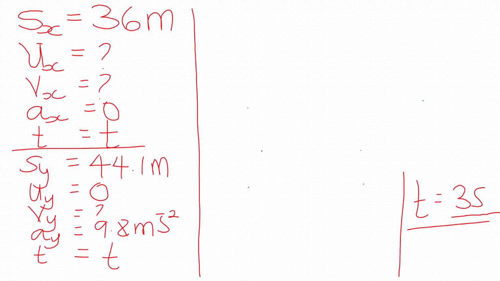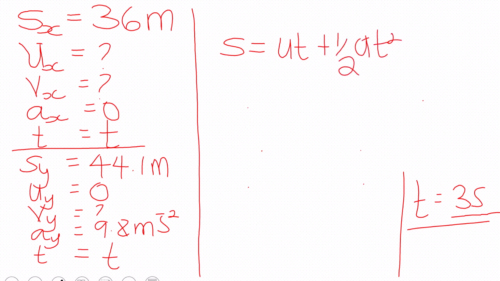So we are still going to use one of the 3 equations of motion, and we are using the second one, which is S is equal to ut plus a half at squared. So you realize that our Sx is 36 and our u in the x is what we do not have. You can use it as ux, and then our time is 3, then plus a half.